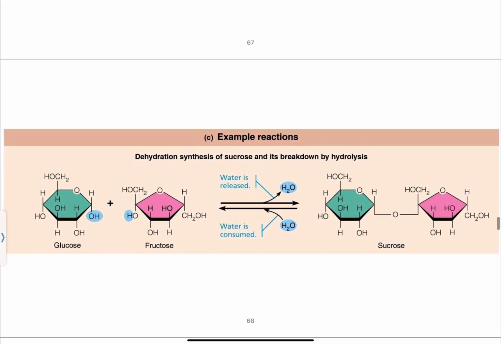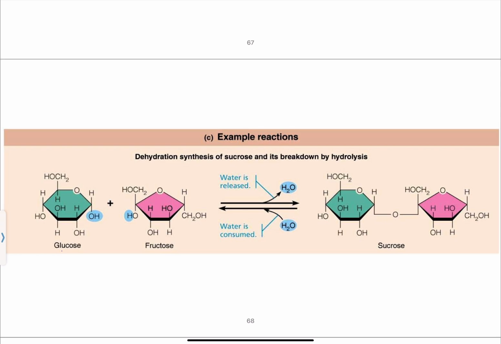So it doesn't matter which macromolecule we're talking about, whether it's a carbohydrate or a protein, they are all synthesized via the same type of reaction, and they're all broken down into their monomers by the same general type of reaction. In this example right here, they're just showing you basically the building of a disaccharide.